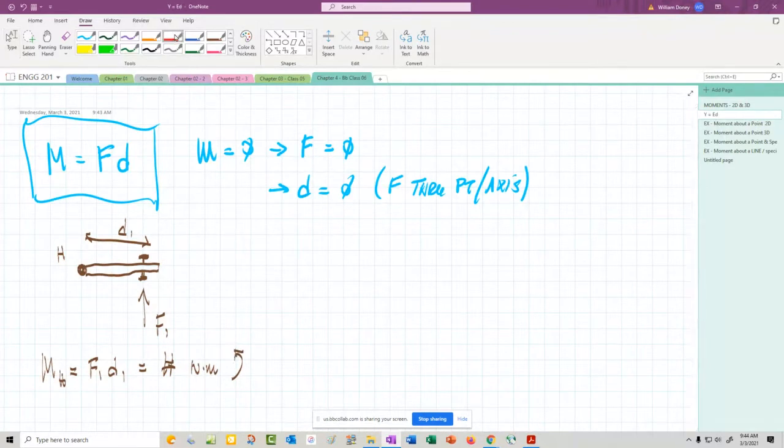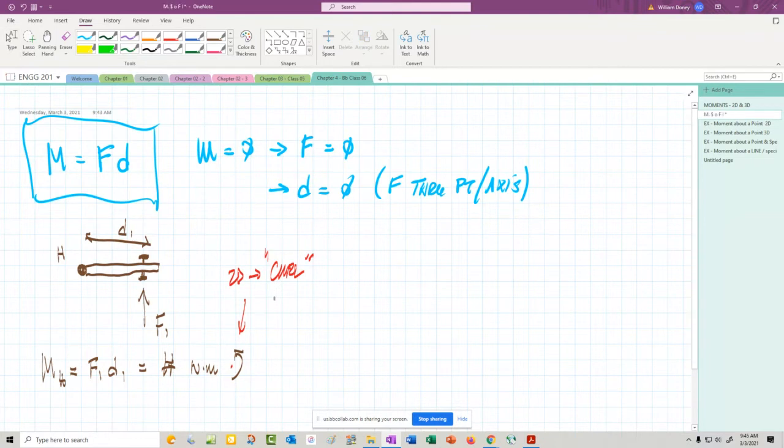In 2 dimensions, we use a curl, sort of that arrow curled, to represent the direction of the moment. Okay? In 2 dimensions, we do that.